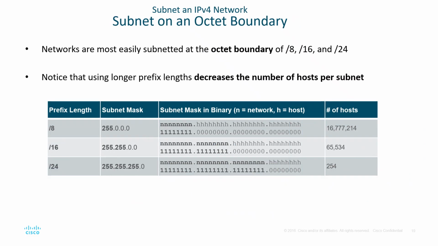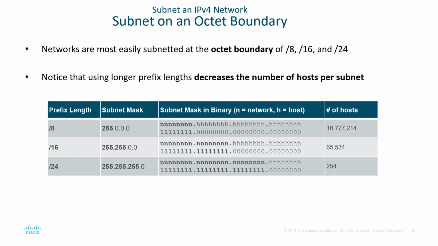Now, networks are most easily subnetted at the octet boundary of 8, 16, and 24. Those are your classful boundaries. Notice that using a longer prefix length decreases the number of hosts per subnet, which makes sense. If I'm taking away from this hosting field here, okay?